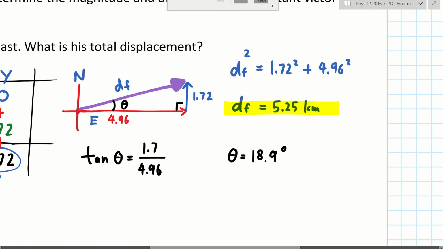So my purple arrow is pointing from the east to the north, so it is going to be north of east.